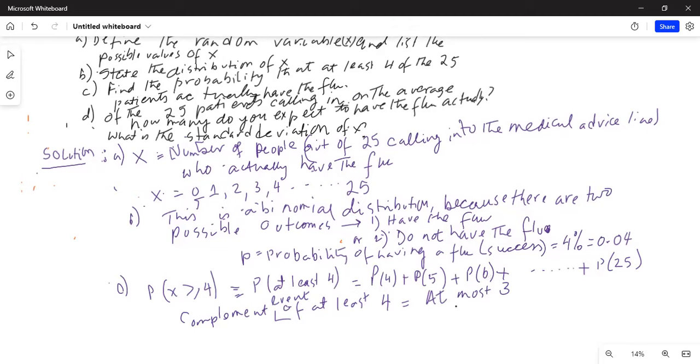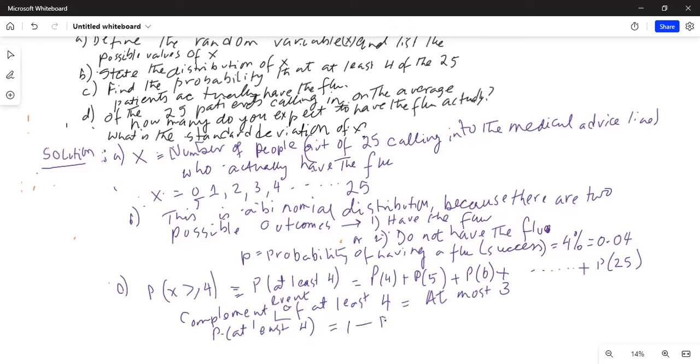So the complement or opposite of at least 4 is at most 3. Here I'm using the law of complements in probability.